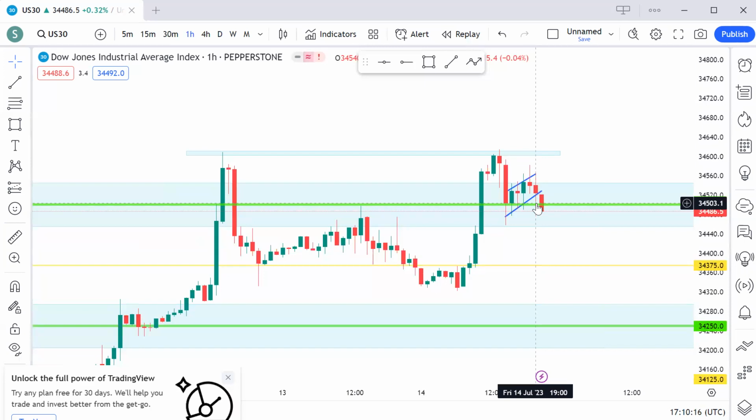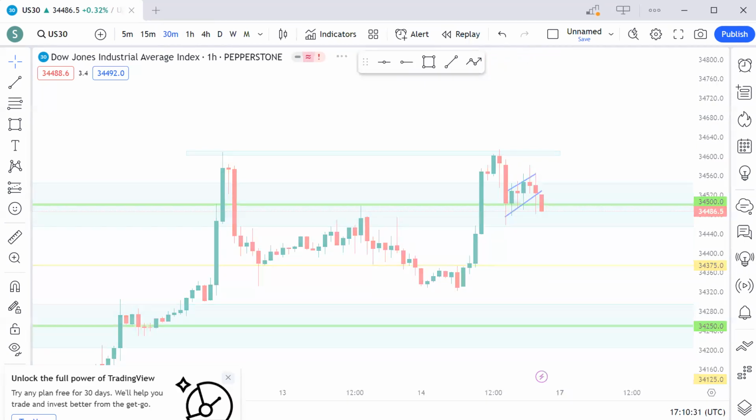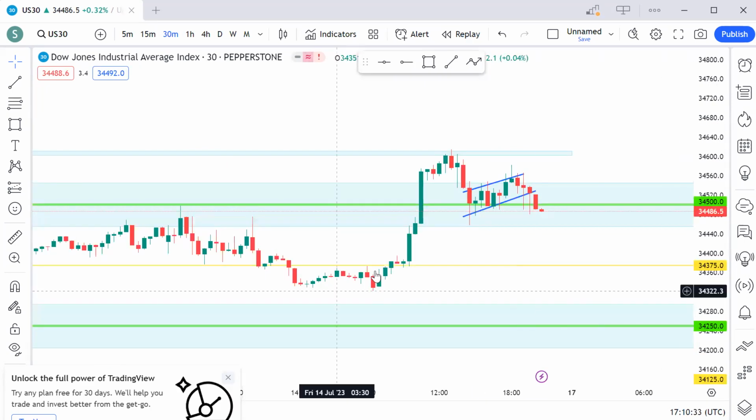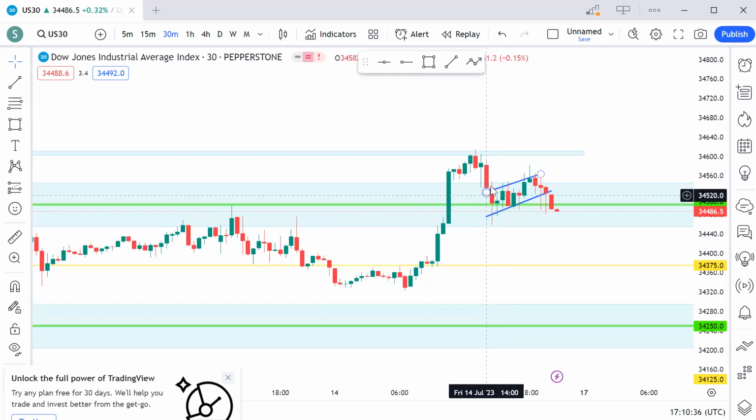But just to show you how many more confluences you can find on a trade before entering, let's drop to a 30-minute. On the 30-minute, we see our flag here, so we can neaten it now.